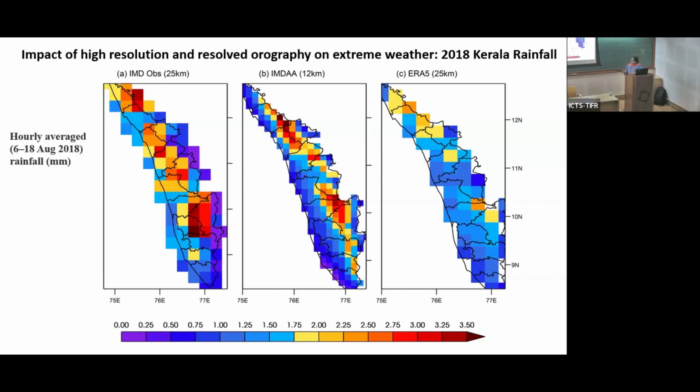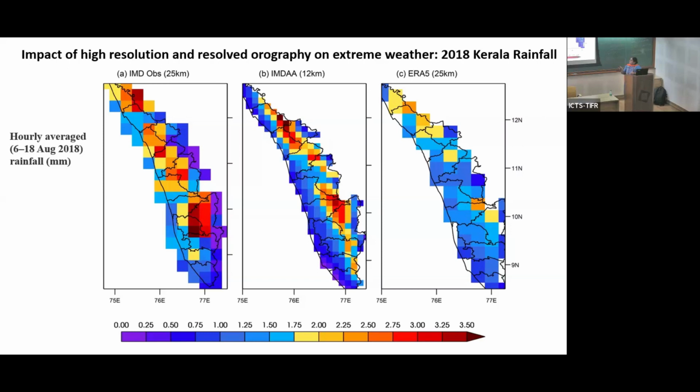This is the hourly average rainfall during 6 to 18 August 2018. We have the IMD gridded observation, which is 25-kilometer, the IMDAA at 12-kilometer, and the ERA5 at 25-kilometer. You see that the high resolution regional reanalysis better predicts the extreme rainfall events even over that region.